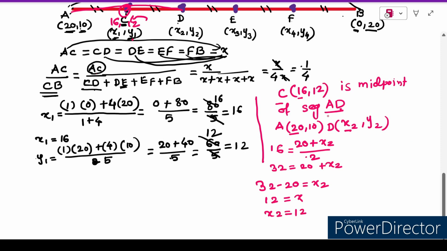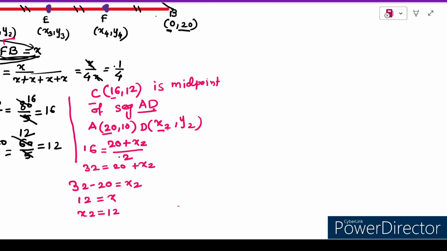Similarly we can find the value of y2. Therefore 12 is equal to (10 plus y2) divided by 2, that is 12 into 2, 24 is equal to 10 plus y2.